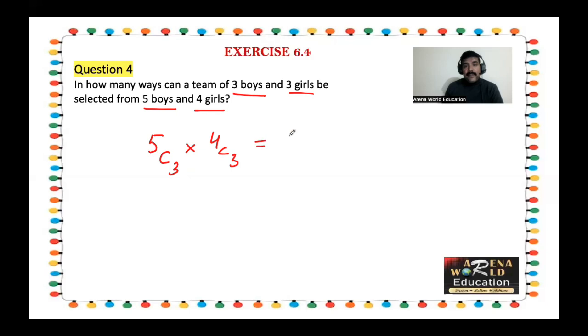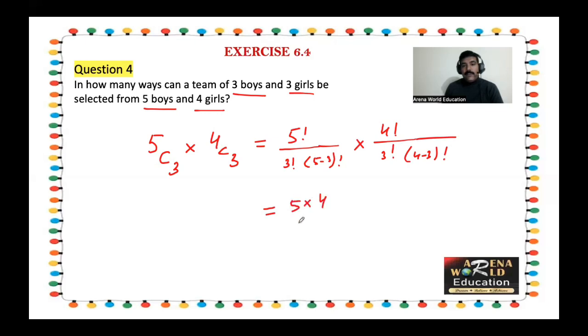So what is 5C3? It will be 5 factorial divided by 3 factorial into 5 minus 3 factorial, and 4C3 will be 4 factorial divided by 3 factorial into 4 minus 3 factorial. So this will be 5 into 4 divided by 2 into 1, the 3 factorial is gone, and 4 into 3 factorial divided by 3 factorial into 1 factorial, which is 1 only.